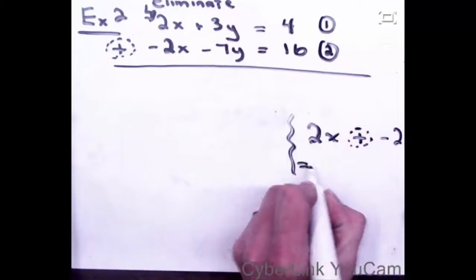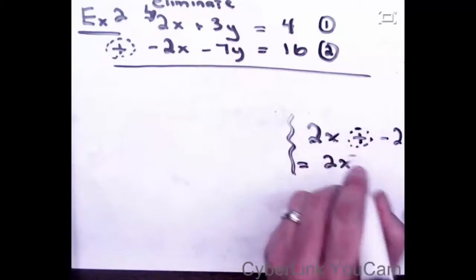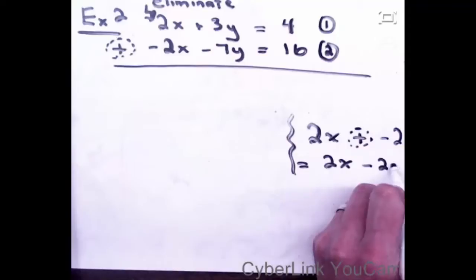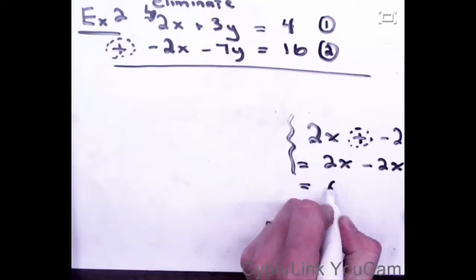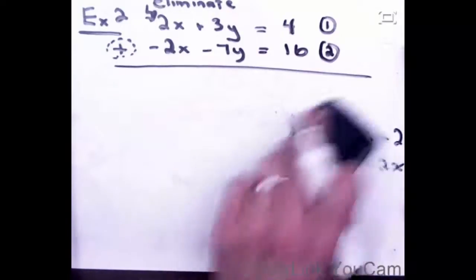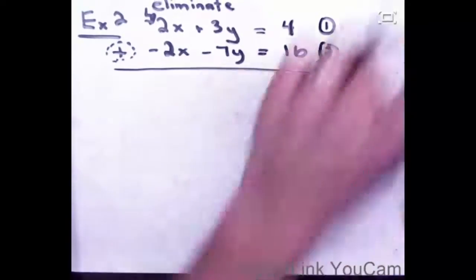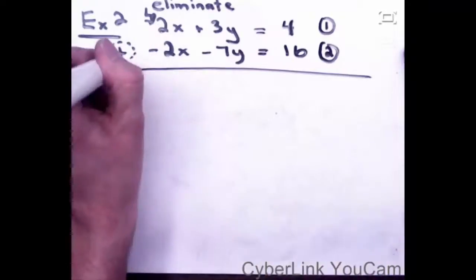The signs will work out, so it's 2x, and the plus and the minus here make a minus. Okay? So if they're opposite signs, you can add them, and they're going to eliminate, because 2x take away 2x is 0. Right? So you don't have to write this out, just think about that as we get into this. Okay, so 2x with a minus 2x to eliminate, you have to add.